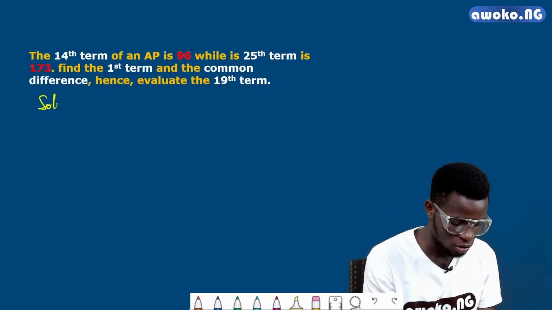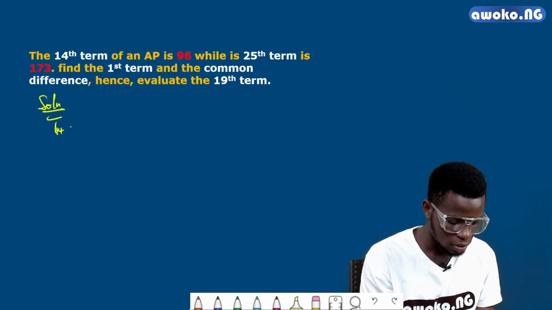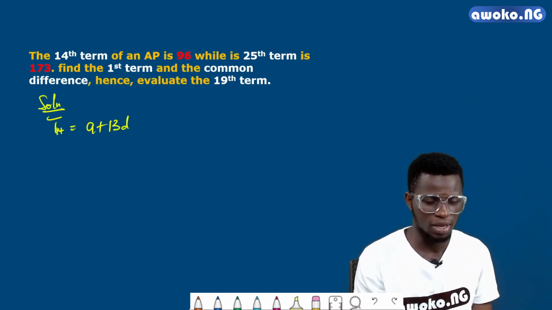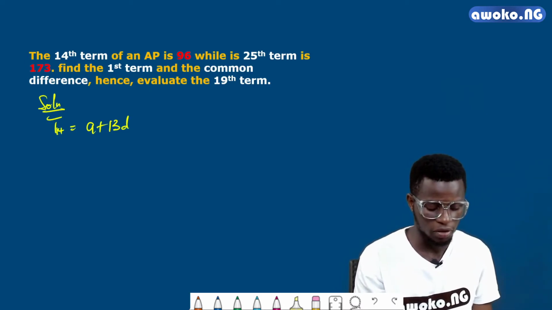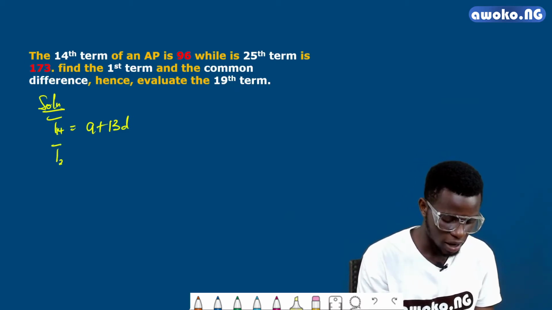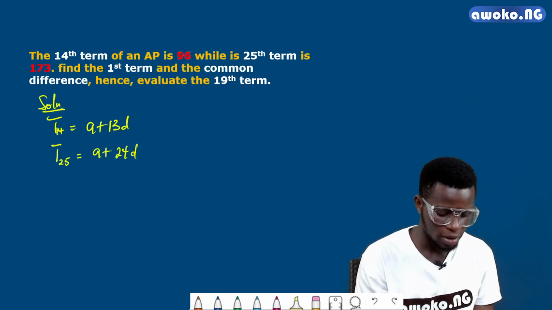So the solution to this: remember T14 is equal to A plus 13D from our previous class on the number of terms in an arithmetic progression. So T14 is going to give us A plus 13D, and T25 is going to give us A plus 24D.